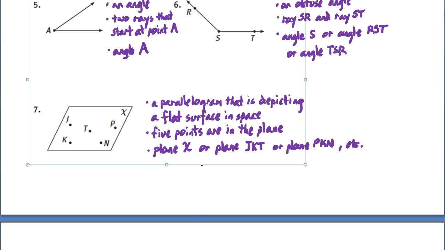Or another way to name this plane is to use 3 points that don't line up in a straight line. For example, plane JKT, or plane PKN, or plane PTN, or plane JTP. Any 3 letters, as long as they don't line up in a straight line, can be used to name a plane.